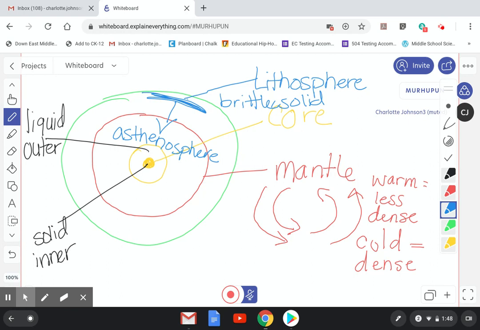Like I said, we'll be talking about that next week. This lithosphere essentially moves on top of the asthenosphere, so it floats. And due to that motion of the mantle, that's what's going to cause that movement to occur.